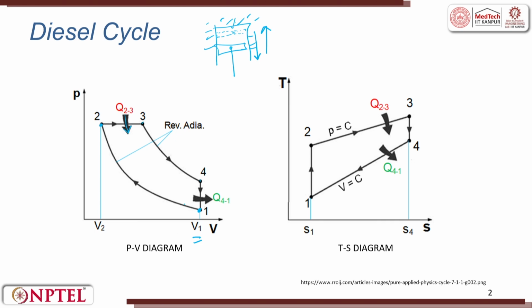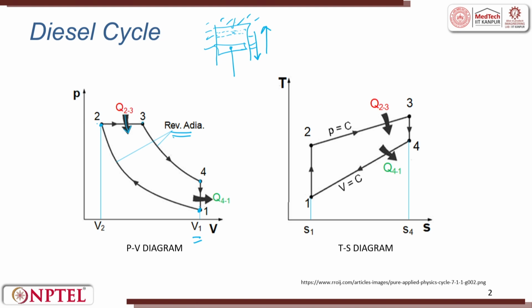The process 1 to 2 and 3 to 4 follows reversible adiabatic process. 2 to 3, it is a constant pressure process. Once it has reached the lowest value or the stroke end of the piston, then from 4 it tries to go to 1.